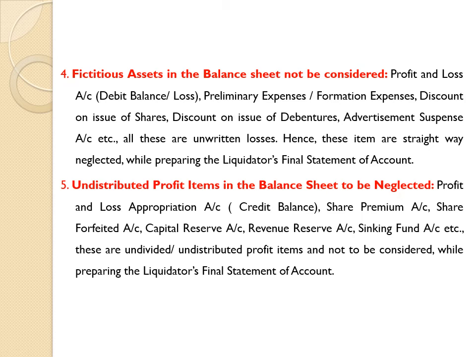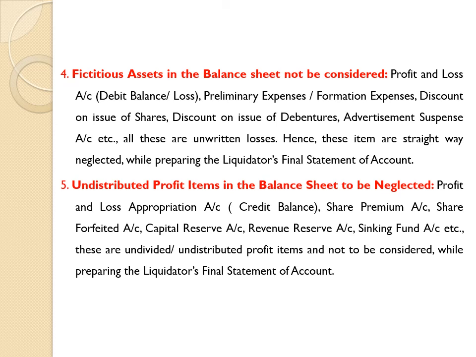Fictitious assets in the balance sheet are not to be considered while preparing the liquidator's final statement of account. Fictitious assets which are given in the balance sheet are not considered anywhere.